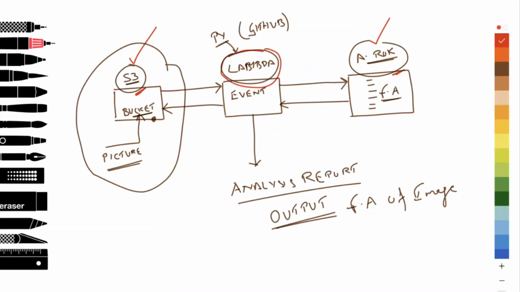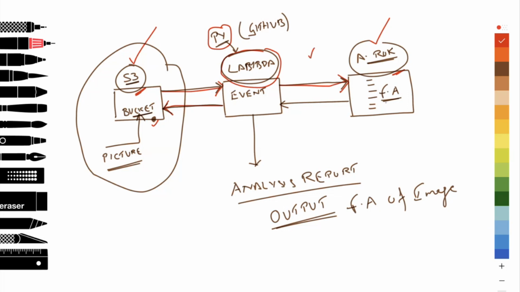Next, we want to write an event, and we are going to write that event in Python. So that if there is any image in S3, take that image and supply it to the AWS Rekognition service for facial analysis. We will leverage APIs here, which I will show you.